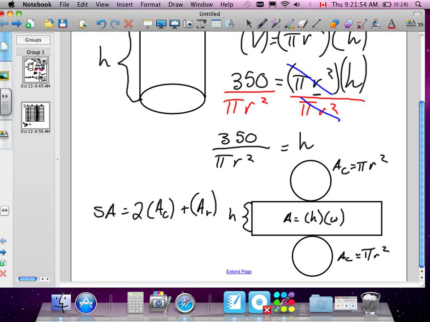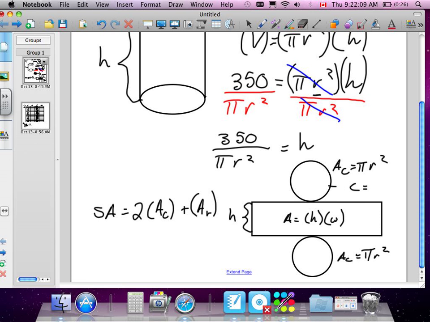Now, the circumference of this circle we're going to talk about quickly to get us the length of this. Circumference of this circle, C, is equal to pi times the diameter. But since we're working with radius, I'm going to relate it to radius. We know that diameter is equal to 2 times the radius.